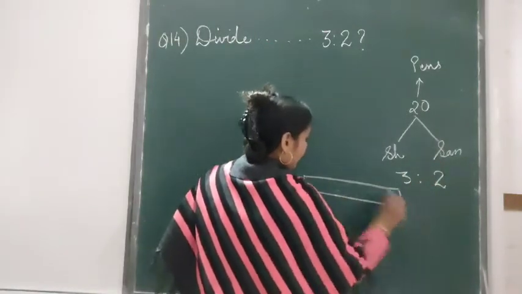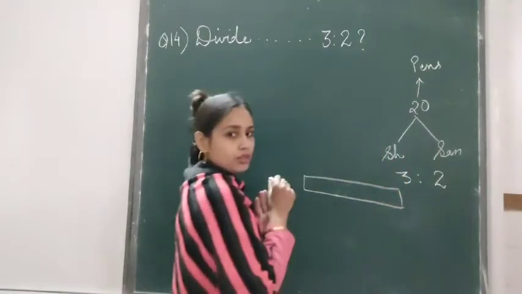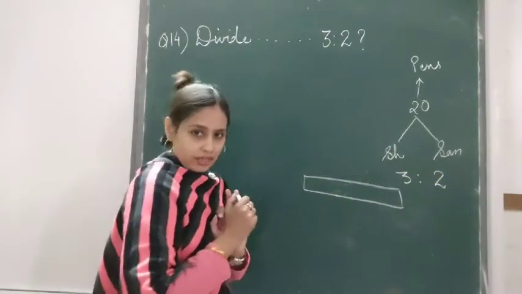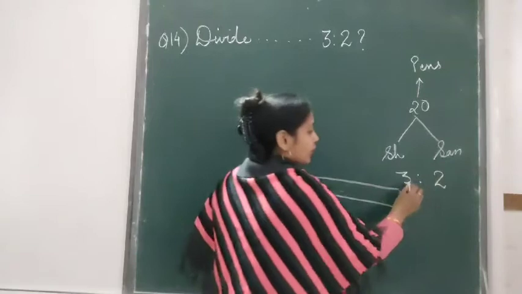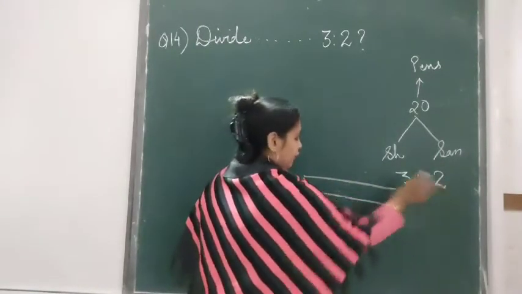like these are the total pens, so 3 parts will be given to Sheila and 2 parts will be given to Sangeeta, right? So actually how many parts should be there? 3 and 2 parts.